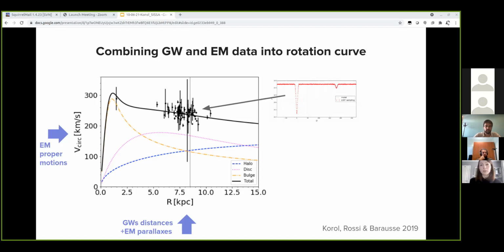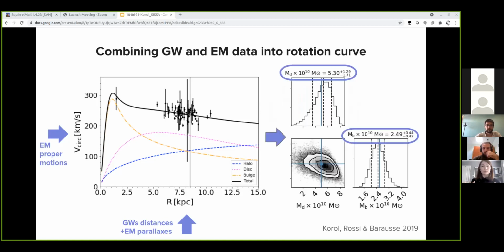So in this way, we were able to construct a kind of multi-messenger rotation curve of our galaxy. The black points are our simulated data, and the lines represent the rotation curve model that I used to generate this mock data. The colored lines are the contribution from different components of my Milky Way, and the black line is the total rotation curve.